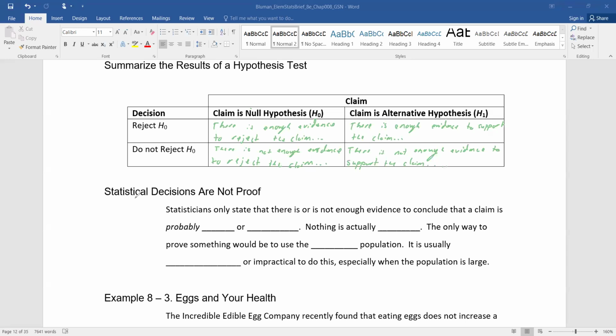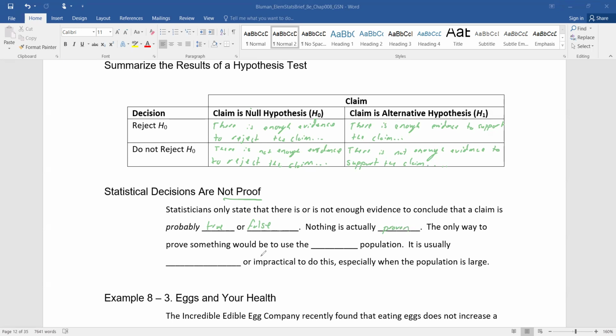All right, so statistical decisions are not a proof. Statisticians only state that there is or is not enough evidence to conclude that a claim is probably true or false. Nothing is actually proven.